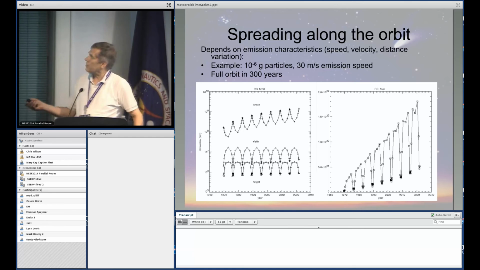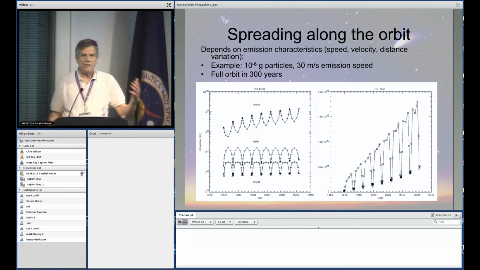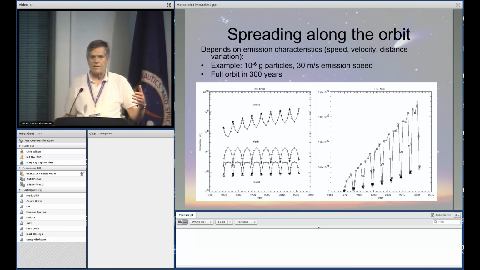But this small addition, 30 meters, causes a different semi-major axis, different energies of the particles, and different semi-major axes mean different periods, and therefore they spread along the orbit.